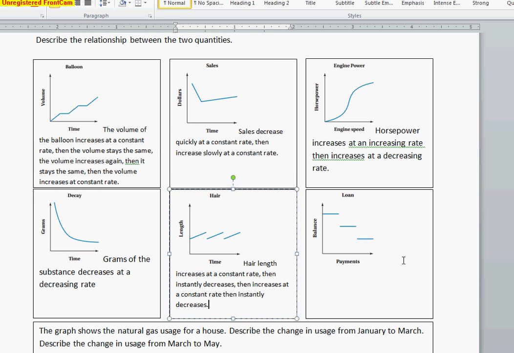In this next one, it looks as though the loan is decreasing. The balance is how much money is owed. And so we have the loan balance remains constant for a period of time, then instantly decreases.